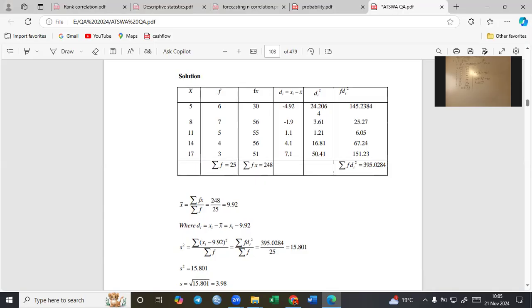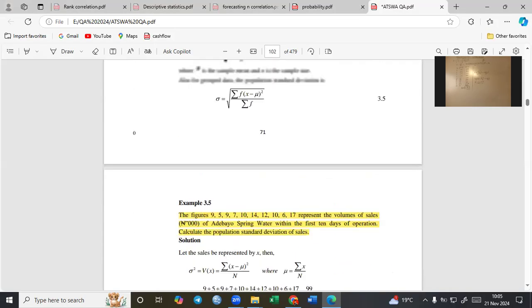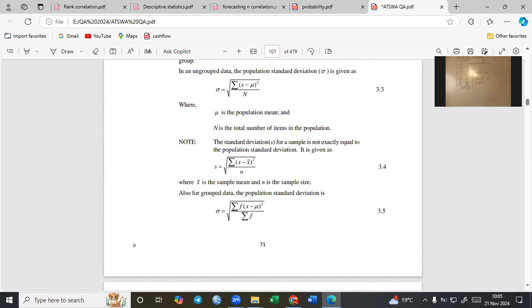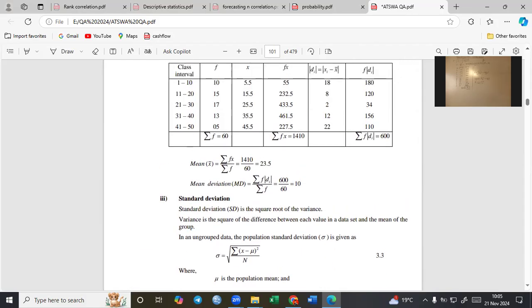Let me go back up. Here it is, the one with the frequency. Can you see it here? That is the formula we shall use.